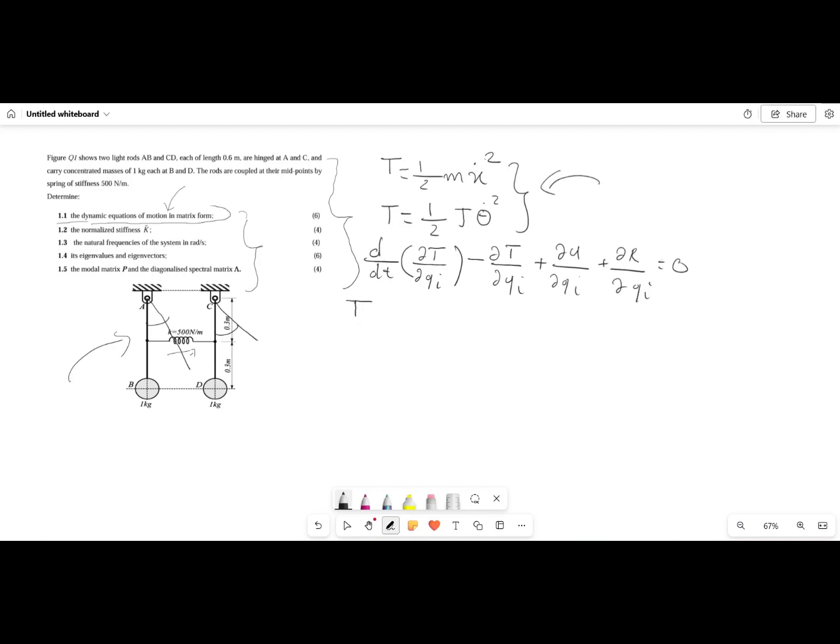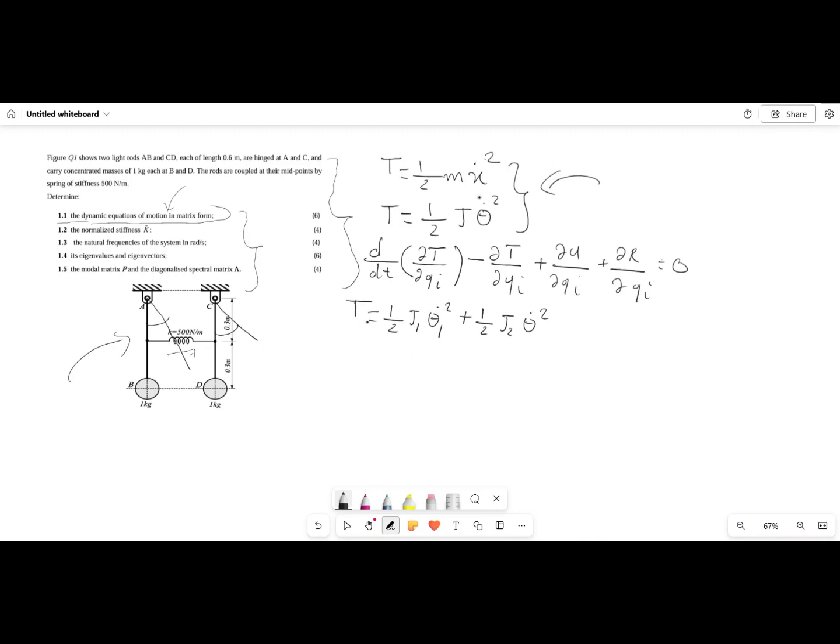So kinetic energy will be half J1 theta 1 dot squared plus half J2 theta 2 dot squared.